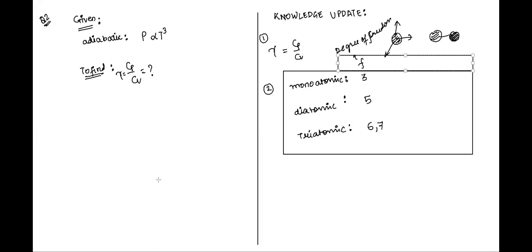I'll write it in a more linear fashion so that we don't cross these boundaries. So we'll take monoatomic have 3, diatomic have 5, triatomic have 6 degrees of freedom.